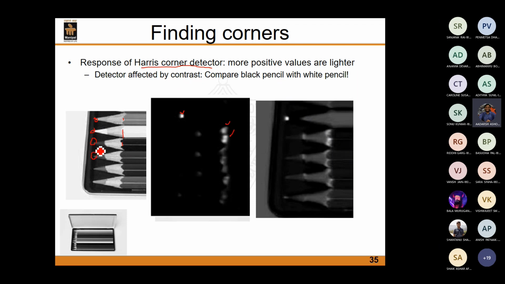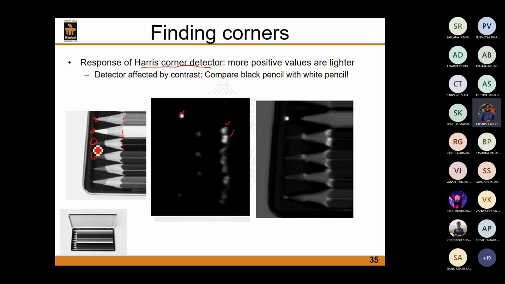If you observe these two regions, the tip of this pencil and the background have almost the same intensity, so there is not much intensity difference between this corner and the background. If the corners lie at regions with a background of similar pixel value intensity, it won't be able to calculate the gradient properly.